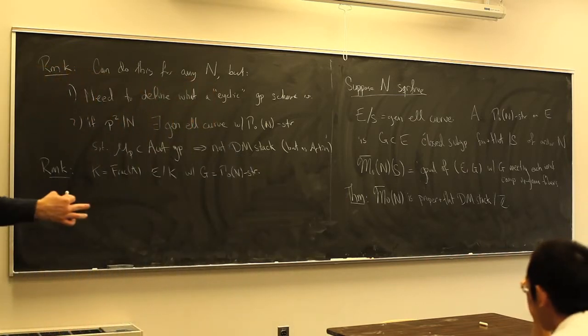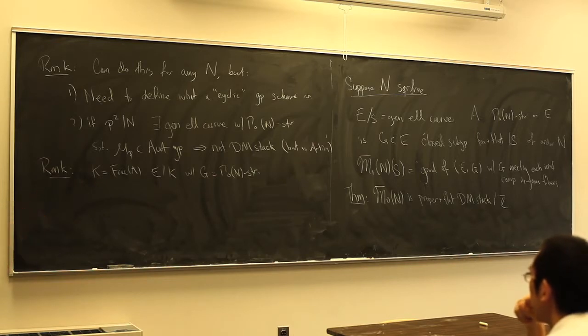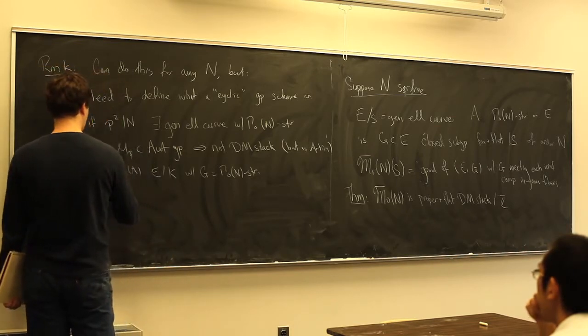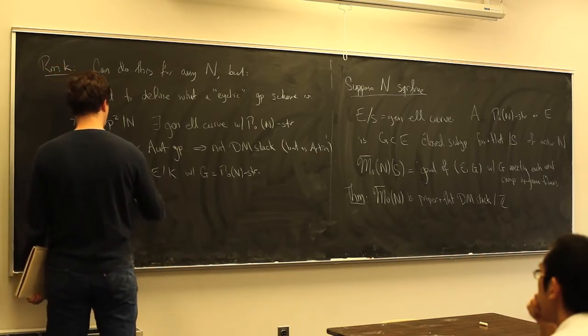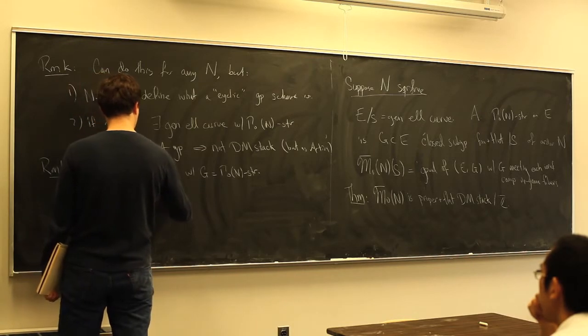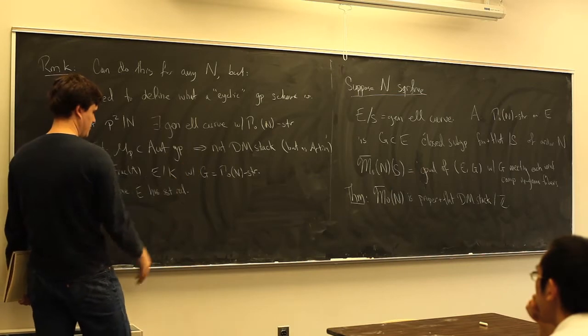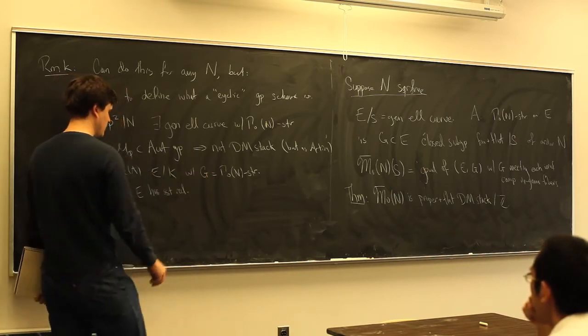So we want to extend the DVR and then fill in the elliptic curve and fill in the structure. So we may as well just assume from the outset that E has semi-stable reduction, because we can just go up and make that happen. And furthermore, we can assume that the underlying points of G are defined over K.